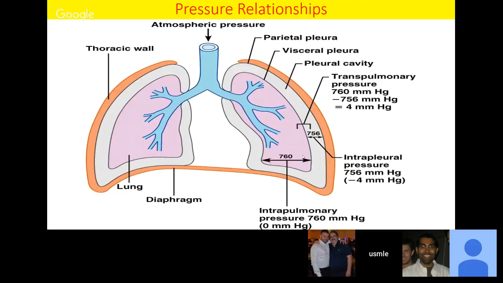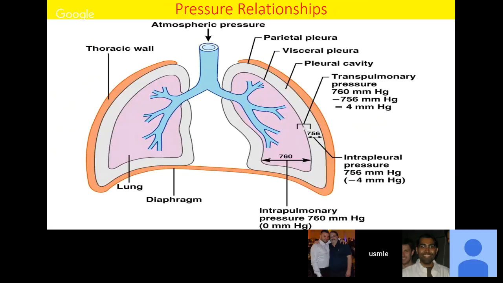And remember, this is kind of zero because it's the barometric, atmospheric pressure. So the intrapulmonary pressure is kind of constant. You're always going to take the difference between the intrapulmonary pressure and the intrapleural pressure to get the difference between what is inside the lung and what is inside the pleura, which is the transpulmonary pressure.